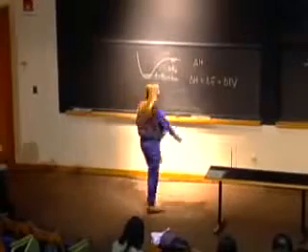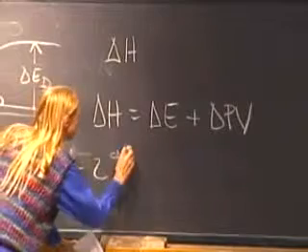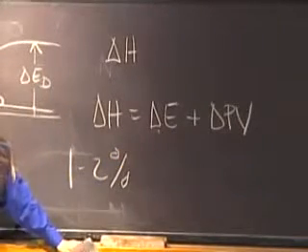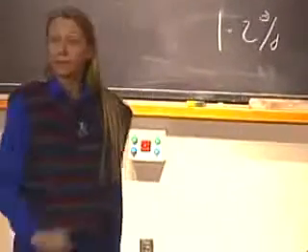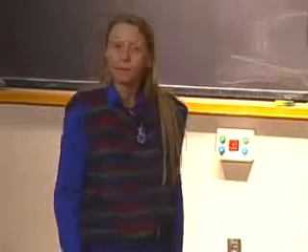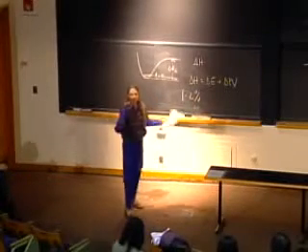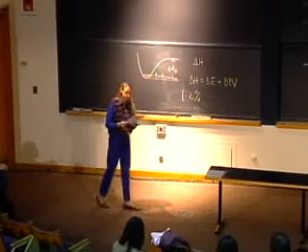For gases, delta H differs on the order of 1 to 2% from delta E. It's not much, but if you're doing some precise calculation, you need to be aware of that. For liquids and solids, delta H and delta E are really the same for all intrinsic purposes. The delta PV term is really very small.